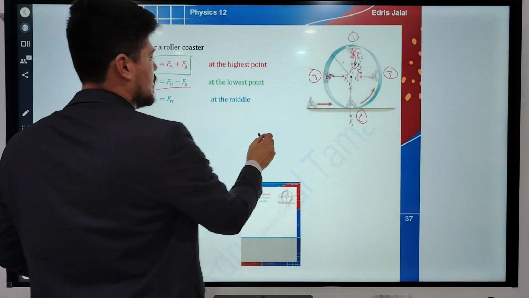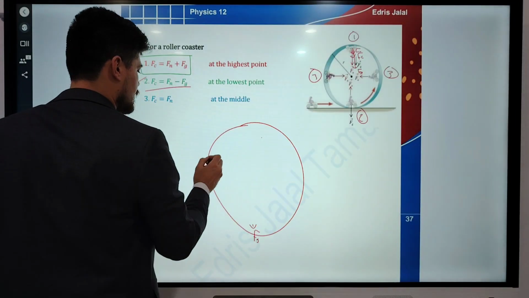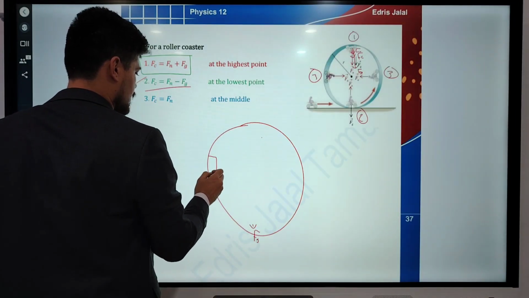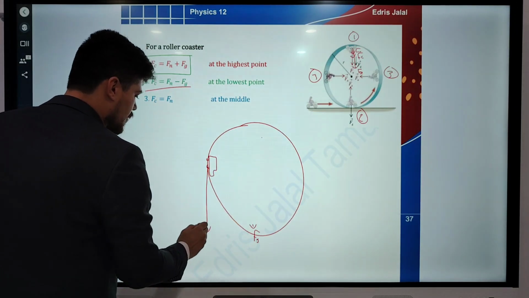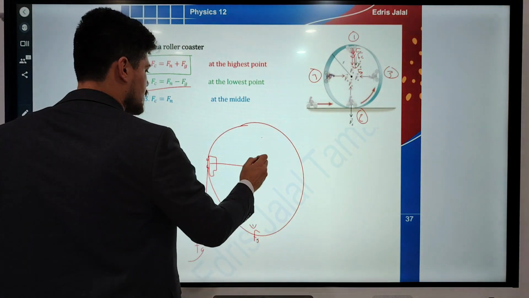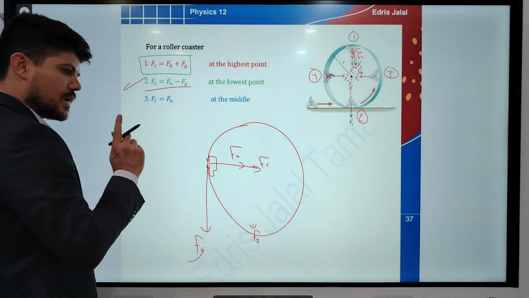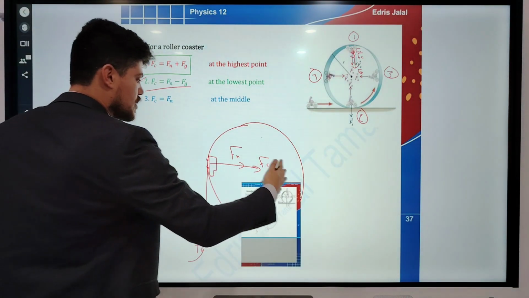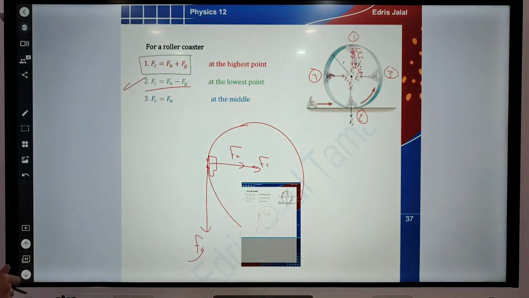At horizontal, the gravitational force is downward. What is this? This is the centripetal force, which is provided by the normal force. Careful. This is the action force, and this is the reaction force that creates the normal force to maintain the car in a circular path.